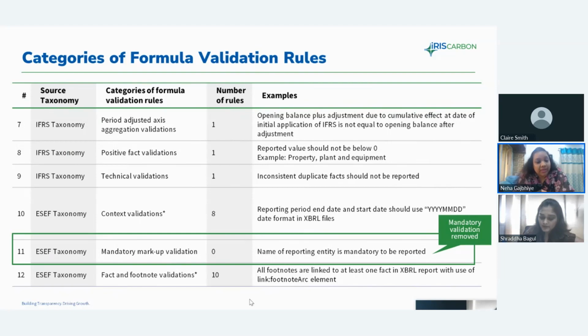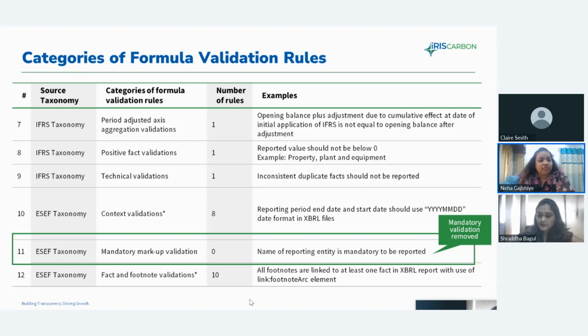If the information is not available, then you can simply leave it. But this mandatory markup validation warning would come up. But this year, due to the block tagging of notes and due to the 252 mandatory markups, this warning has been completely removed, which means this year you will not get any mandatory markup validation warnings.